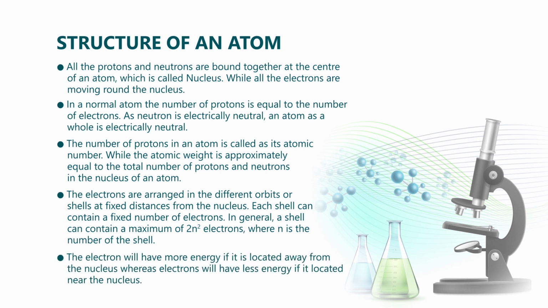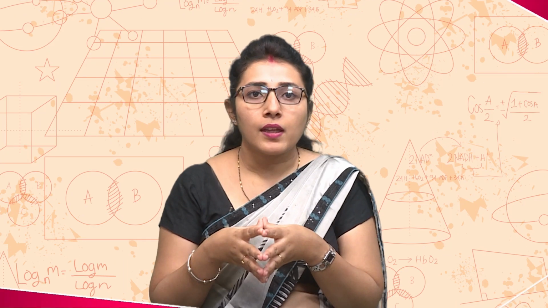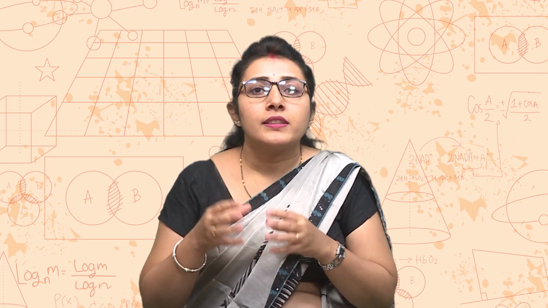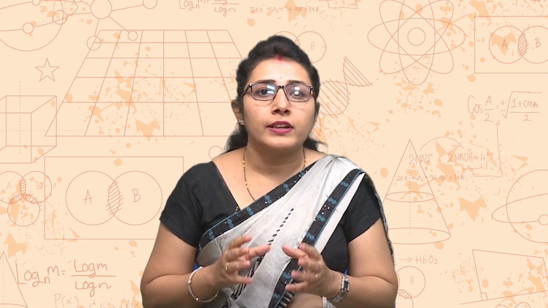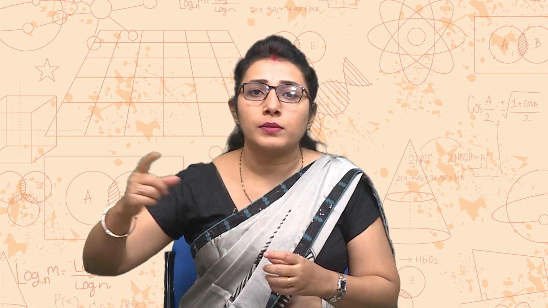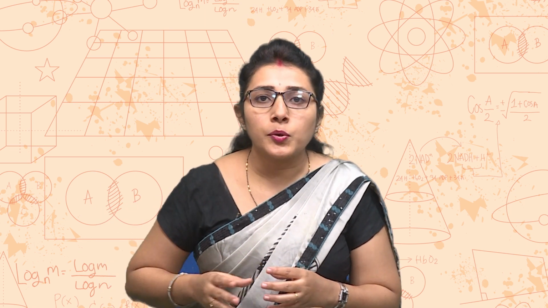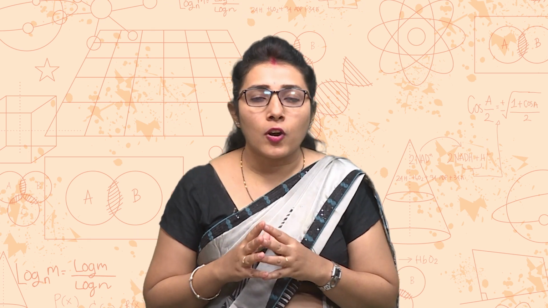An electron will have more energy if it is located away from the nucleus, whereas it will have less energy if it is located near the nucleus. This means that the energy of an electron depends upon its distance from the nucleus. As I have told you, it rotates along the orbit.